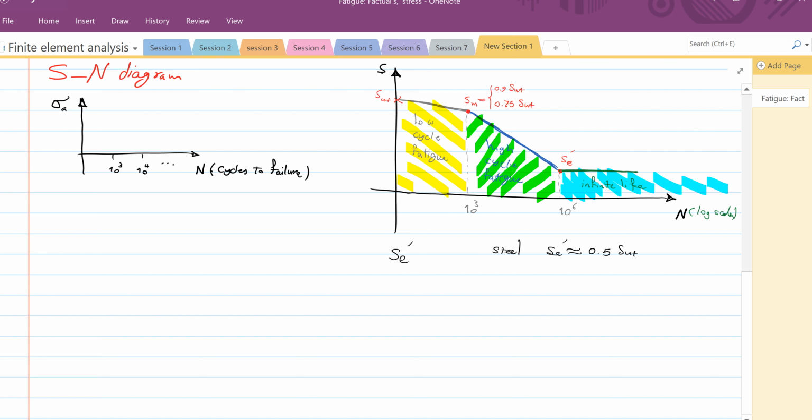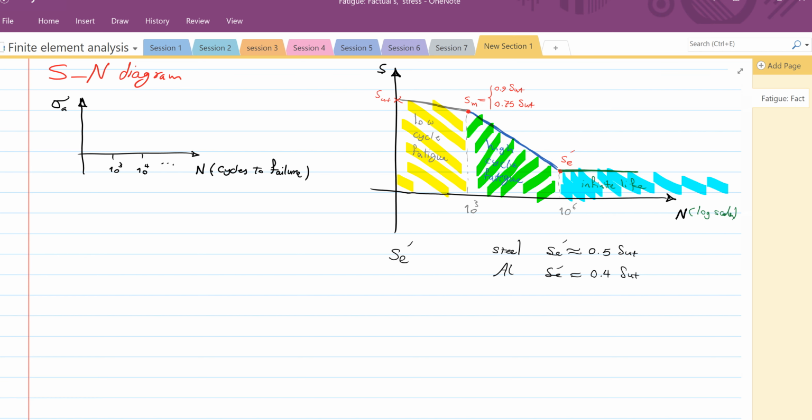Or for aluminium, SE prime, sometimes we consider 0.4 SUT, so 40% of ultimate stress. So you can see how big the difference is between static load and cycling load.